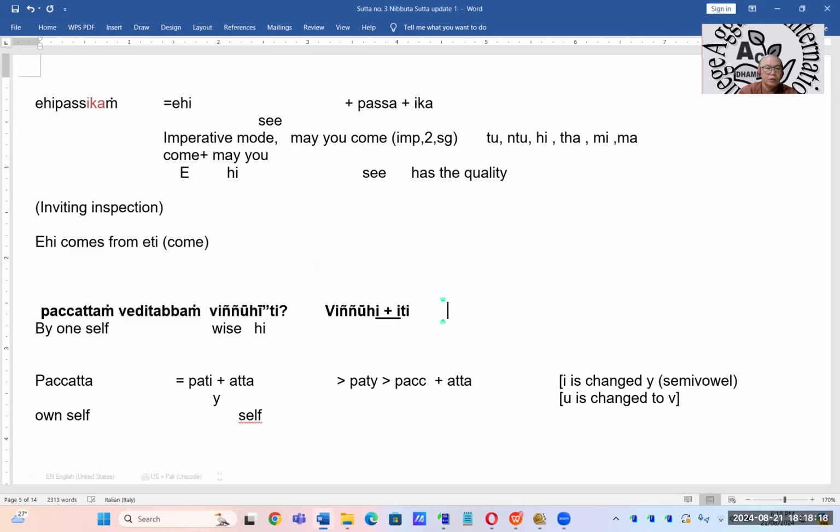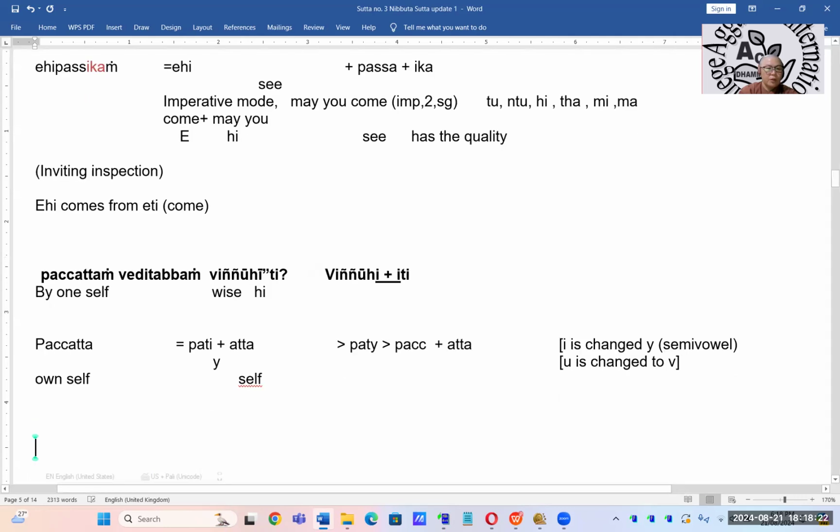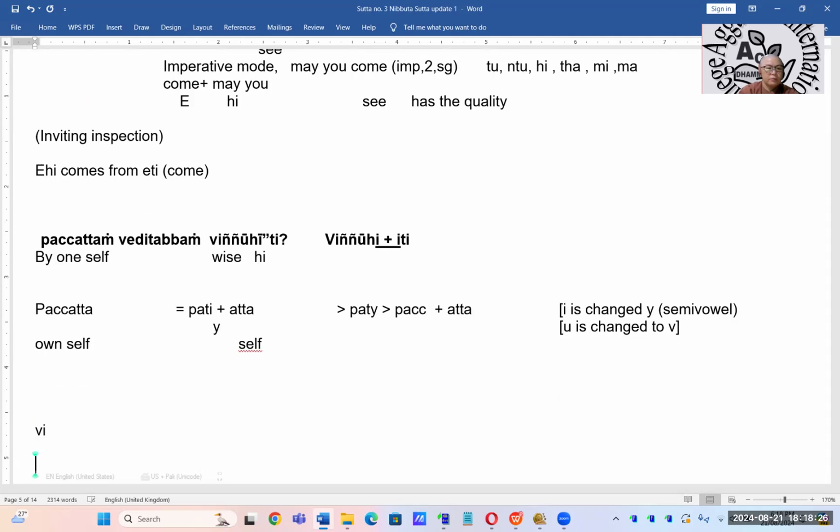So that's how we learn the vocabulary. So it's a wise one, wise person. The root will be V plus this nya, to know. And then plus, then you change it with the U.